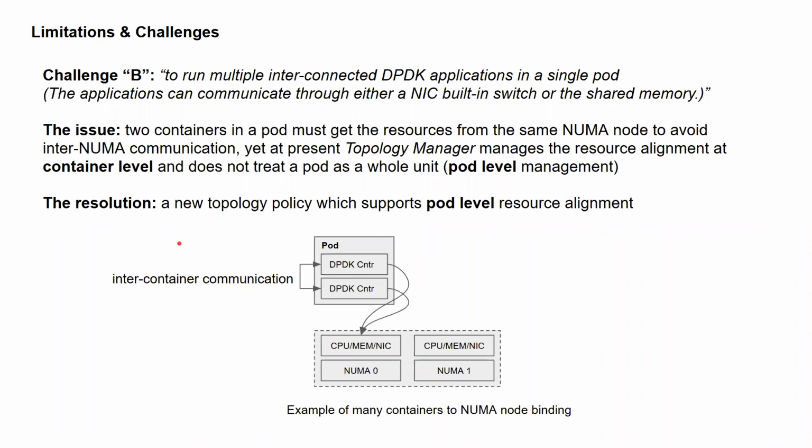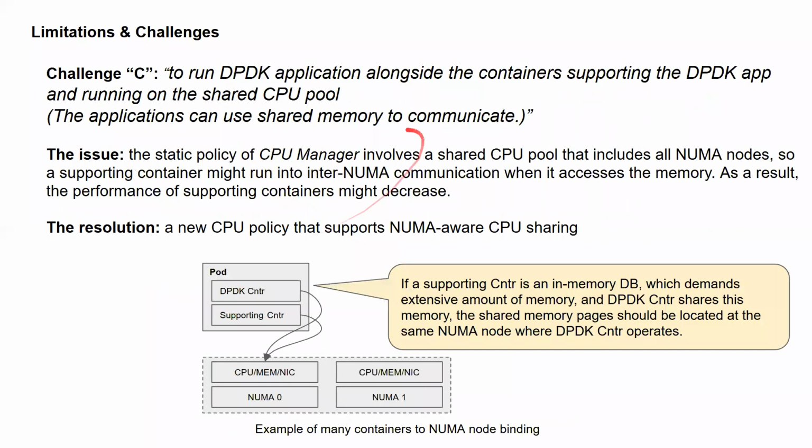And the third challenge, which is connected a little bit with the previous challenge, is to run the DPDK application alongside the containers supporting the DPDK app and running on the shared CPU pool. So the situation is similar to challenge B, but this supporting container requires only a fraction of CPU, but it's still in the guaranteed quality of service class.